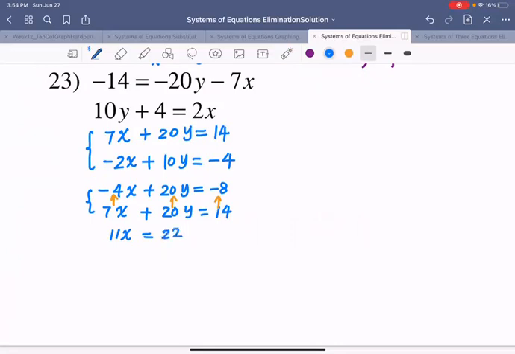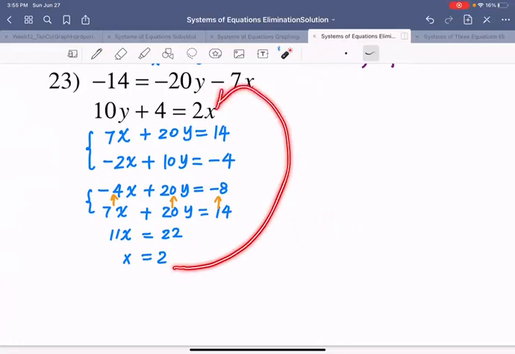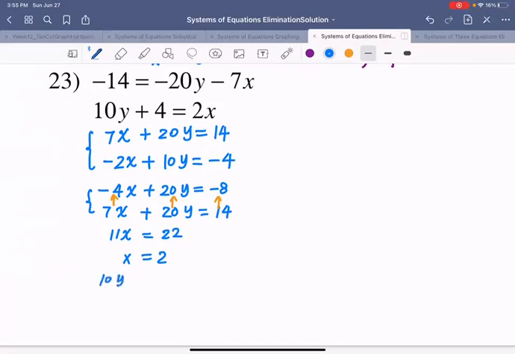So x is 2. We can plug in back. Go ahead. So 10y plus 4 equals 4. Y equals 0. This is awesome. Very good.